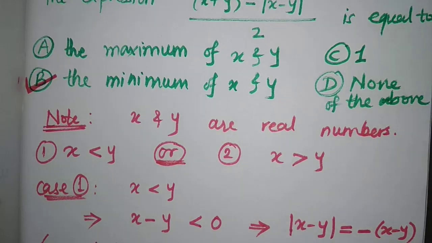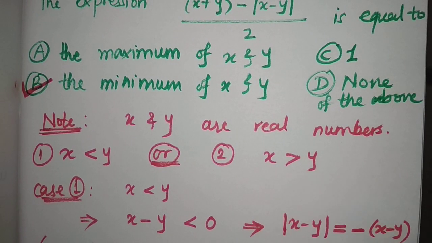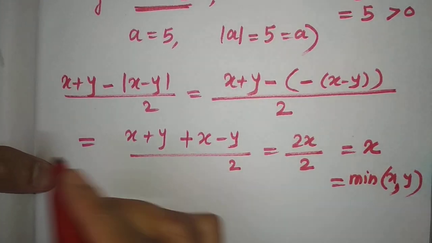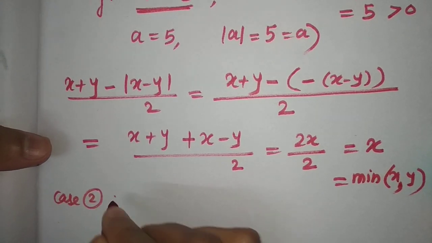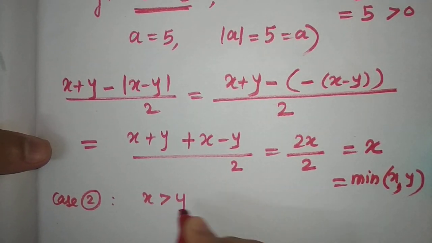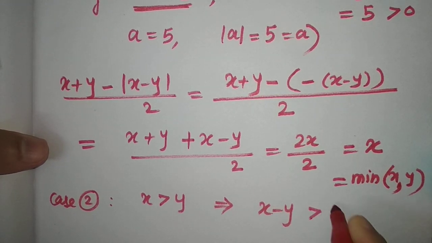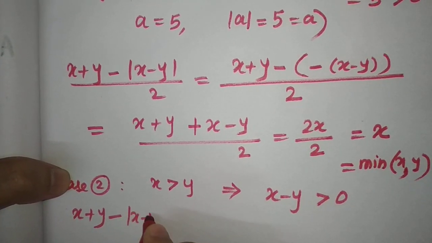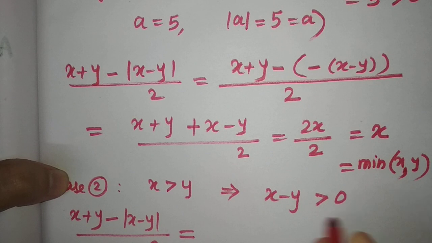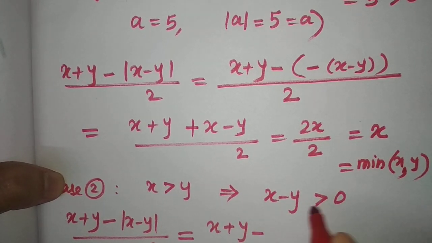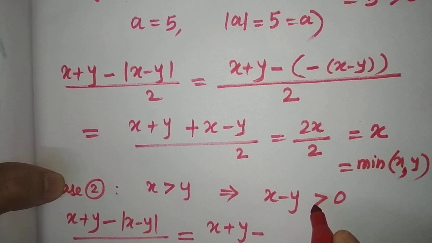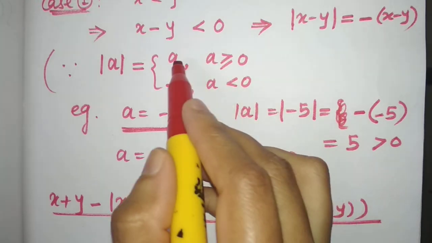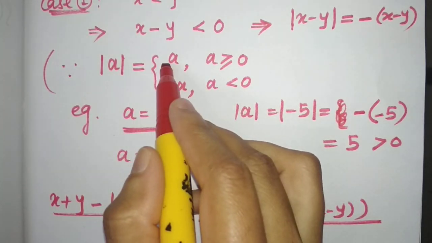Now similarly, you go for x greater than y. Case 2, because we have two cases. For x greater than y, this implies x − y is greater than 0. Now let us solve the expression (x + y − |x − y|)/2. It gives us (x + y − (x − y))/2, because this number is greater than 0, so its modulus is itself, since if a is greater than or equal to 0, then the modulus of the number is just a.